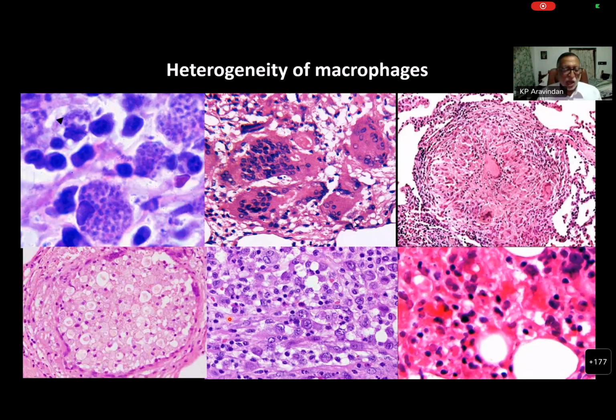There are many different types of macrophages, and that in itself is an entirely different topic. All of them have different kinds of metabolic pathways, activation and activities. So all these are important for you to understand and learn because all these can be seen in different types of inflammation.